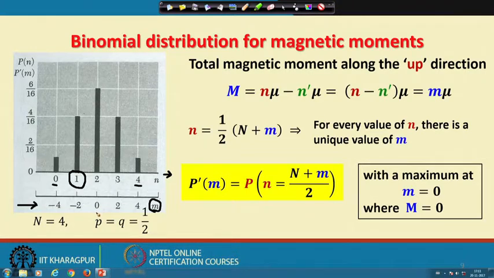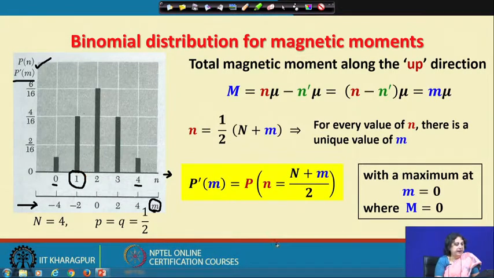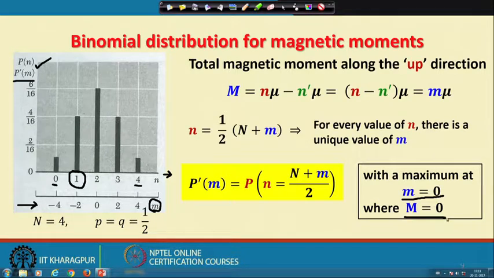This way one can map the original P of n onto P prime of m, and they exhibit the same behavior, where there is a maximum, and now the maximum is located at small m equal to 0, where the net magnetic moment vanishes.